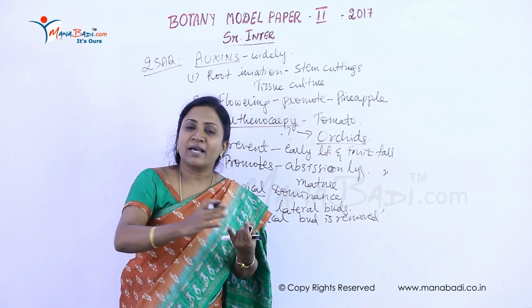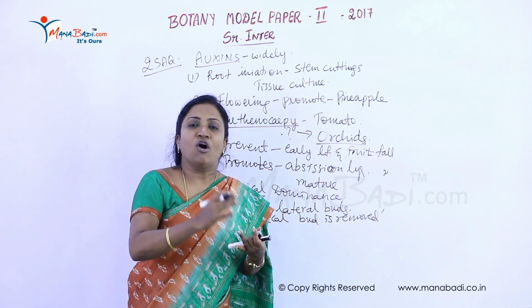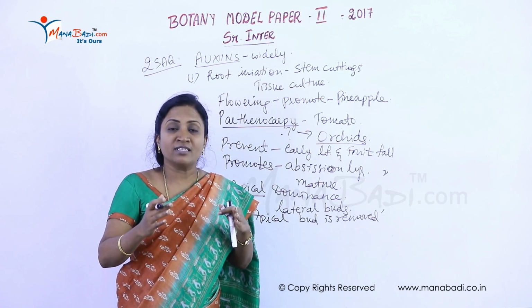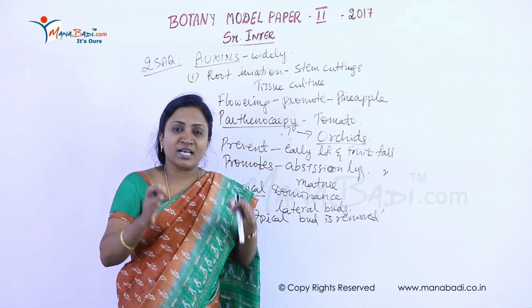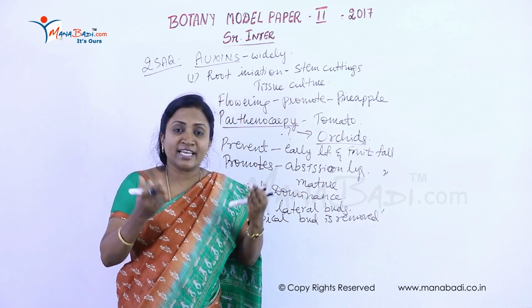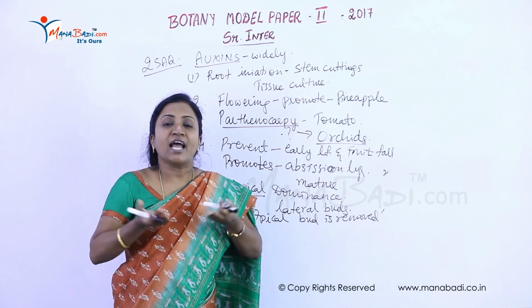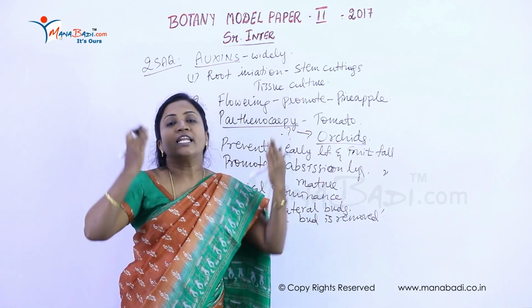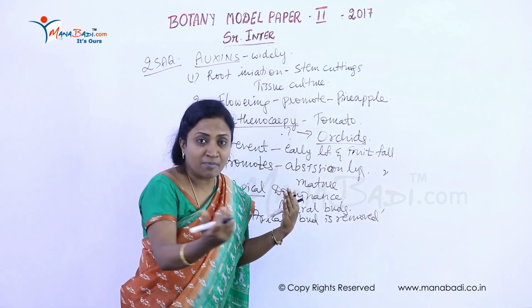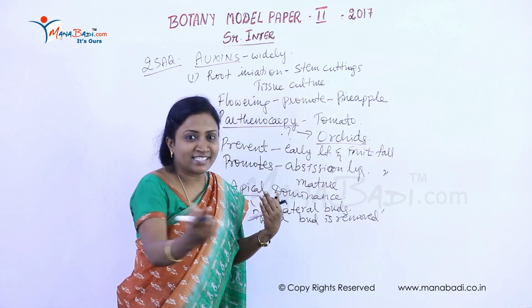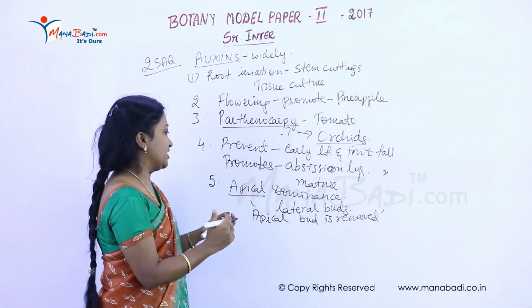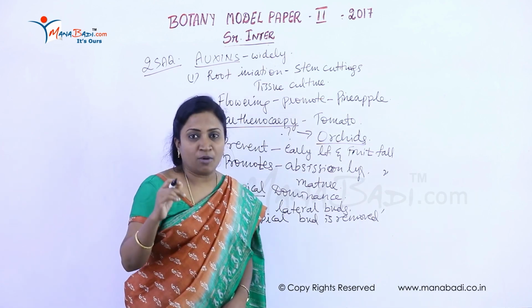So there is no apical bud, no auxins, and no apical dominance. Then the lateral buds get activated and help in the formation of lateral branches, increasing the number of branches and the area of the plant. That's apical dominance.